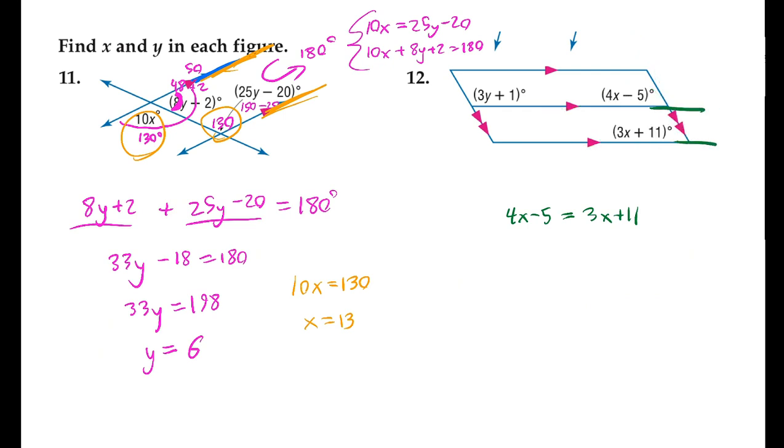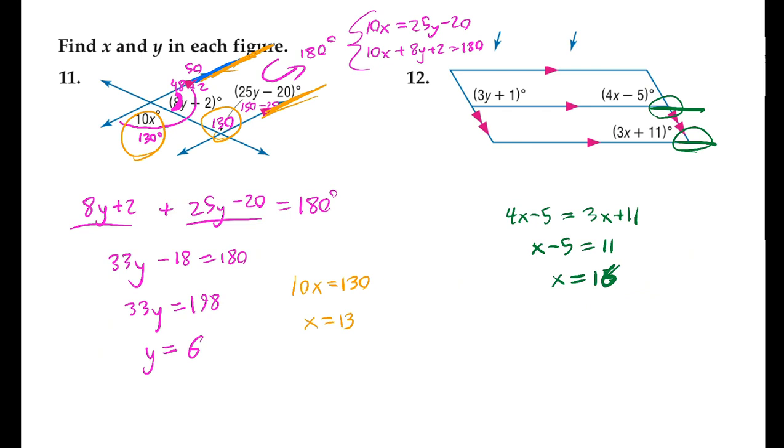I have parallel lines, so this intersection is the same as this one along the same transversal, so I just set them equal to each other, right? So subtracting 3x from both sides, x minus 5 equals 11, adding the 5, I get x equals, oh my gosh, I can't talk and write. I get x equals 16.